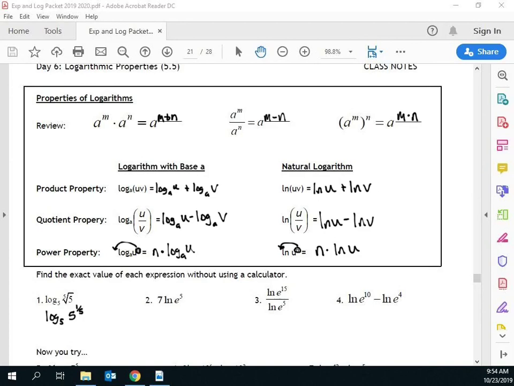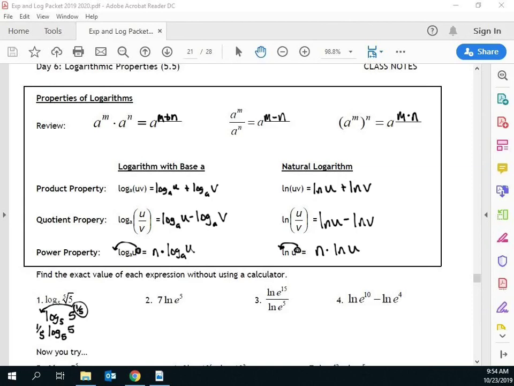Let's use our rules to go ahead and simplify this. Well, what happens to the 1/5, guys? Goes to the front. Oops, not 1/2, 1/5. Guys, 5 raised to what power gives me 5? It's an identity we talked about last class.